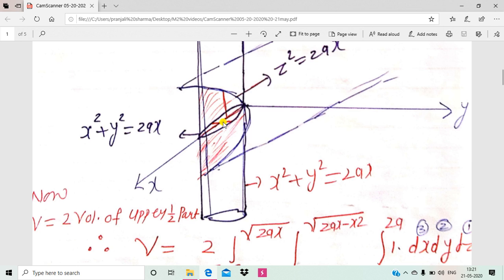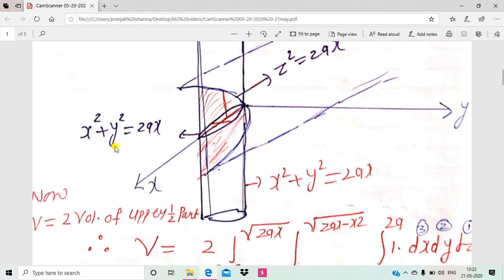So we make a strip parallel to the y-axis in 2D. This is the base. If we make a strip parallel to the y-axis in 2D on the xy plane, this will be the lower limit and this will be the upper limit, and both limits are on this circle whose equation is x square plus y square is equal to 2ax.